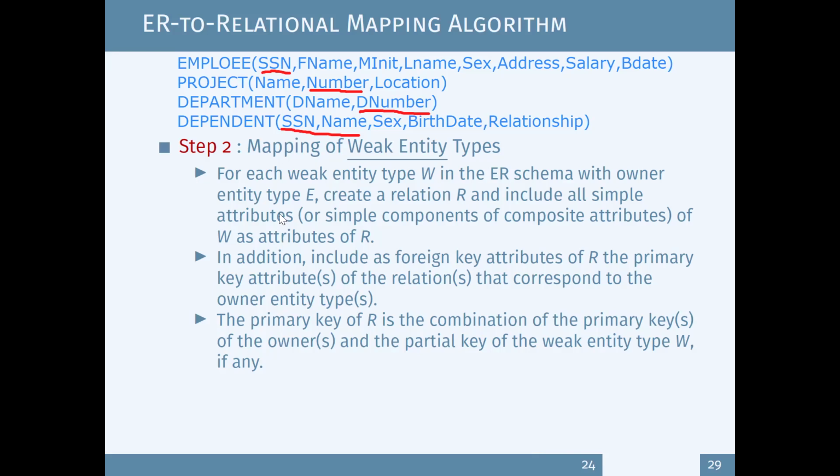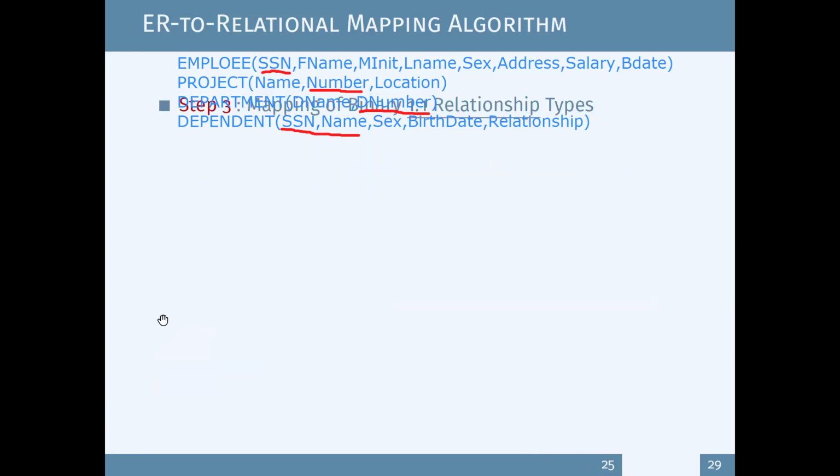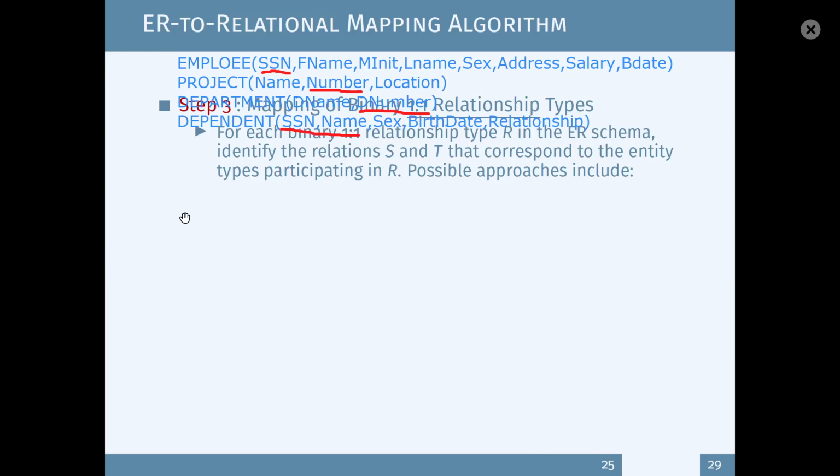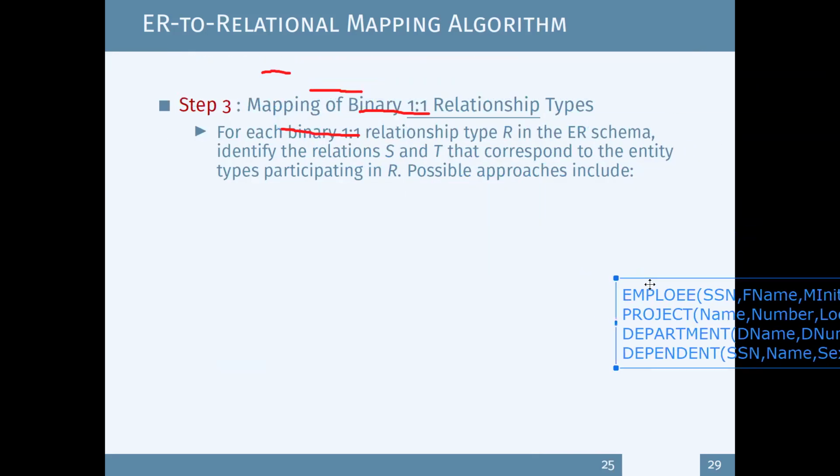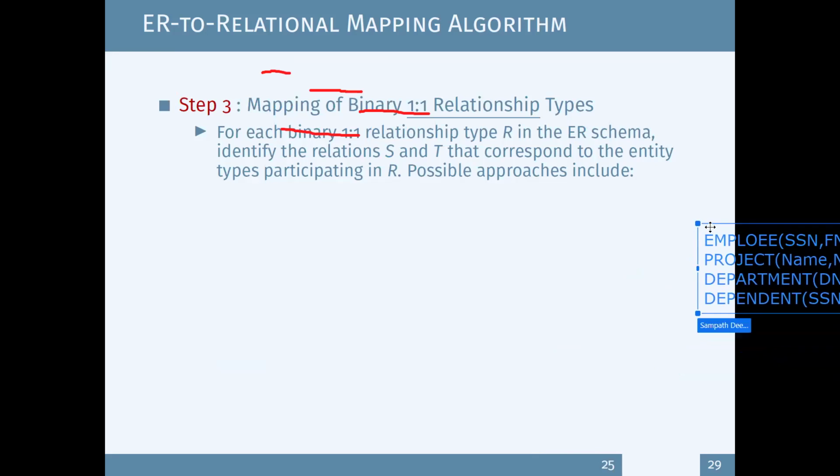Let's move to the third step. Third step is, let's map one-to-one relations. Bit difficult this one, so let me remove those, but I hope you remember the primary keys.